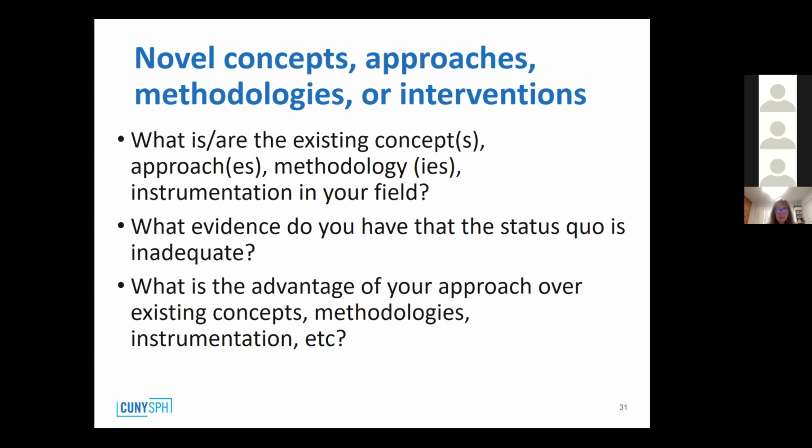In thinking about novel concepts, what is or are the existing concepts, approaches, methodologies, instrumentation in your field that are relevant to your project? What evidence do you have that the status quo is inadequate, keeping in mind that you may be writing to reviewers who disagree? What is the advantage of your approach over existing concepts, methodologies, instrumentation?